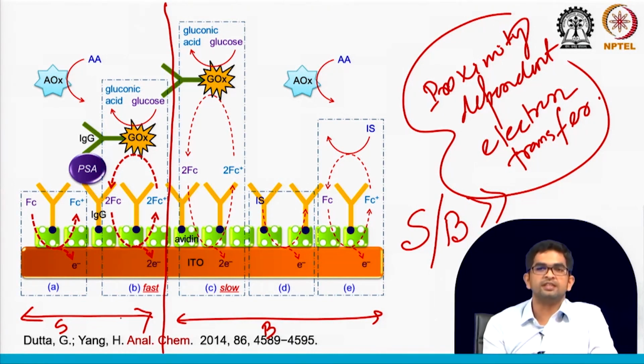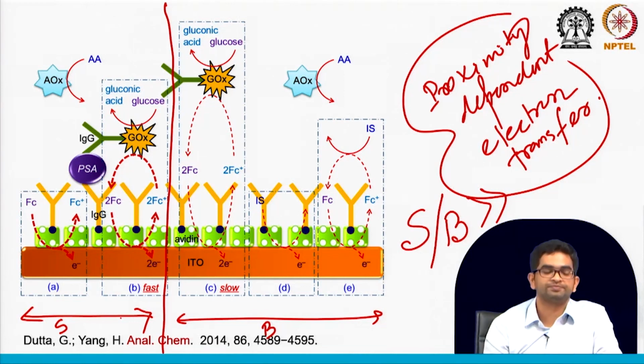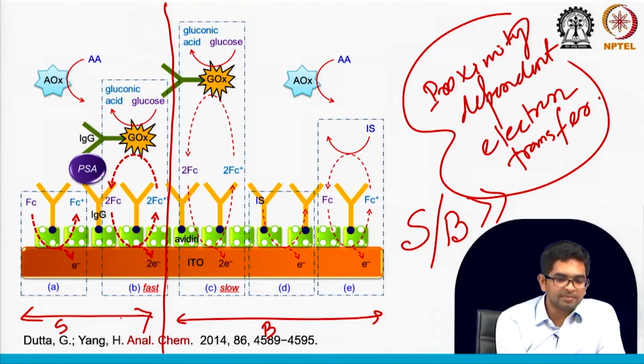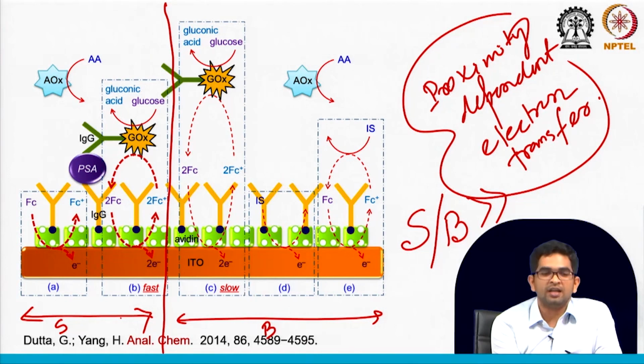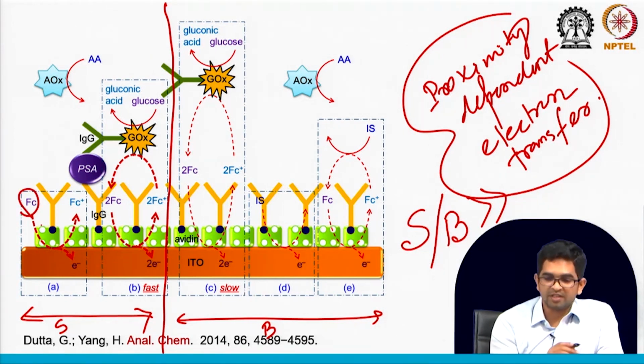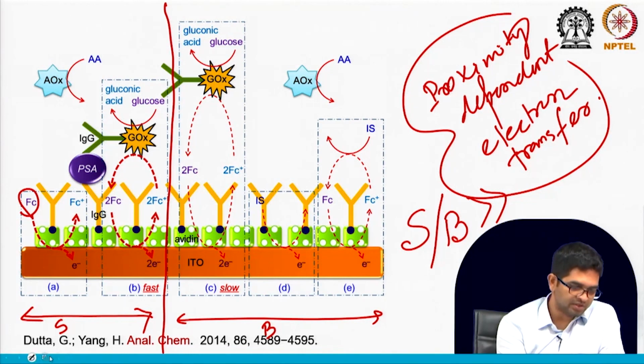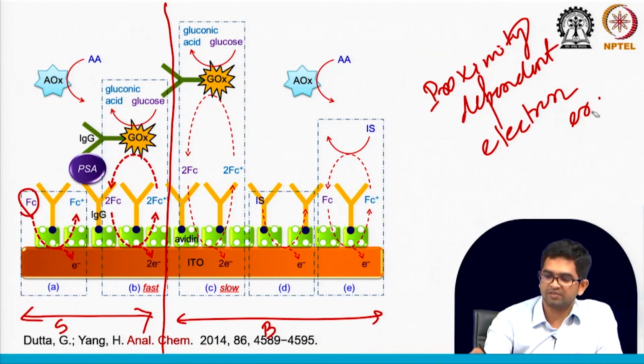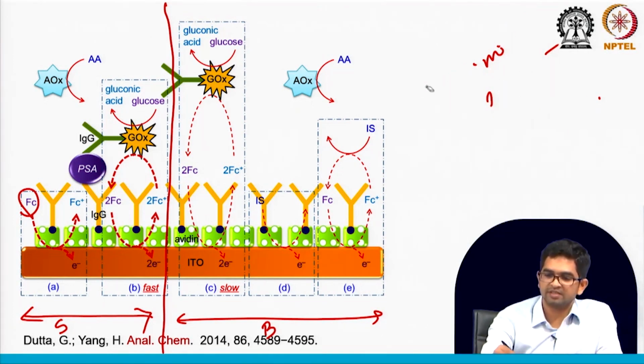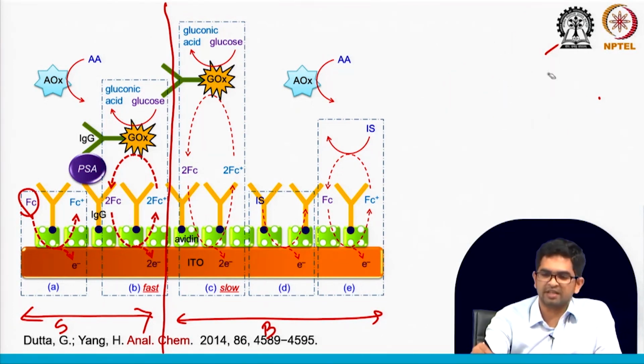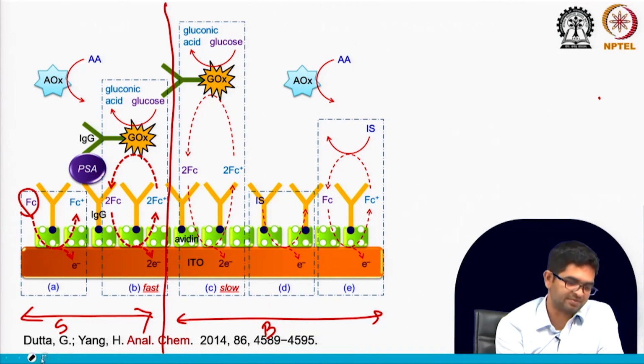So let's see which parameters you should optimize. For example, in this biosensor I use FC, meaning ferrocene. First you have to check the cyclic voltammetry of your electron mediator, whatever reactions are happening on the sensor surface.